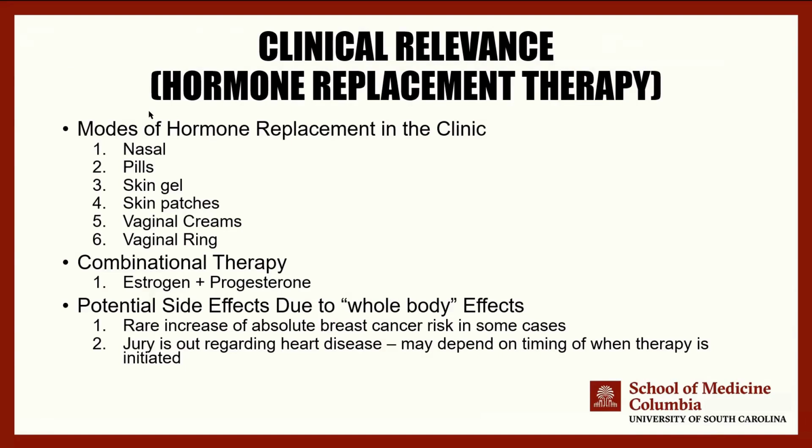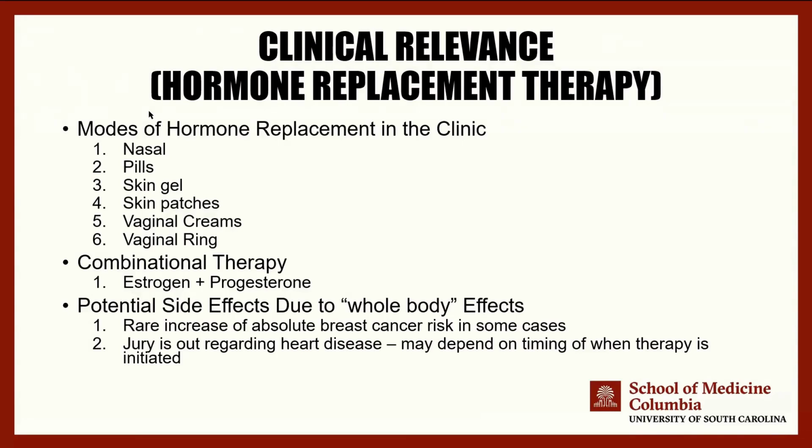So I know that there's weariness to the potential side effects due to whole body effects, right? So potentially the ideal goal would be to get tissue-specific delivery of E2. But the question then becomes, if we want to do tissue-specific delivery, what level of E2 do we need to reach in order to have physiological benefits, right?